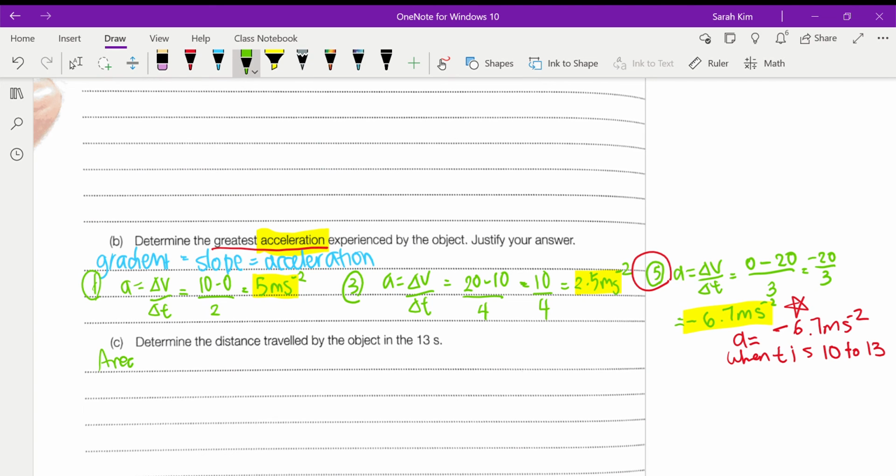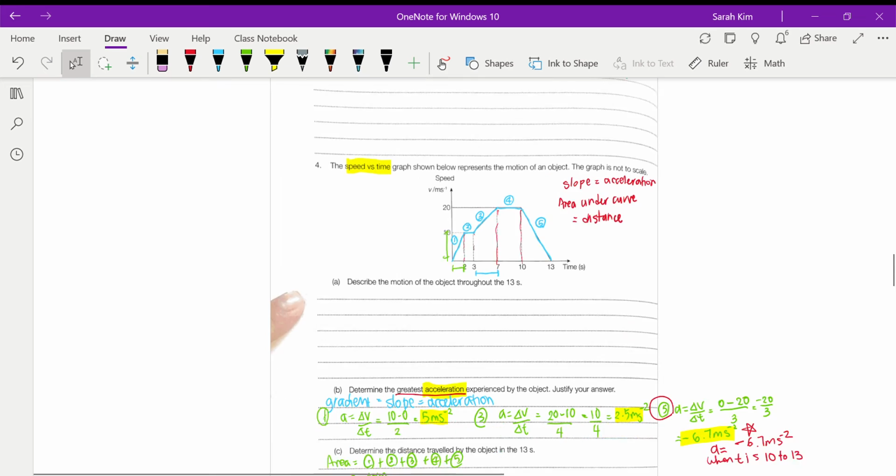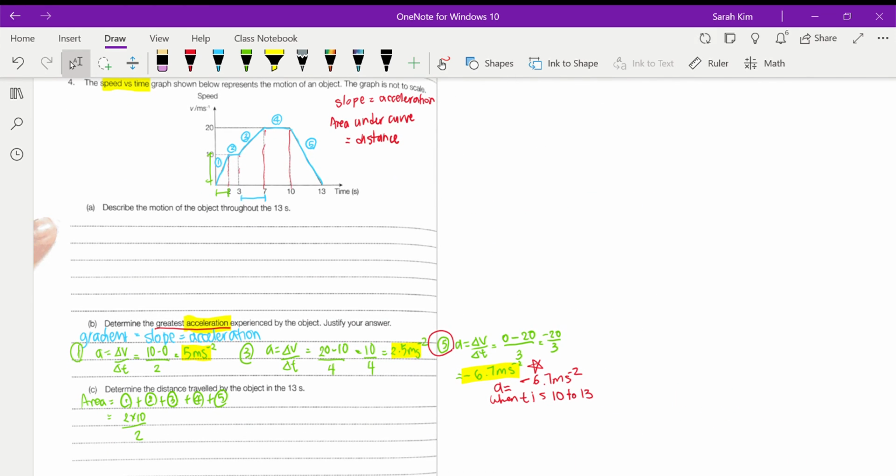So area is section 1 plus 2 plus 3 plus 4 plus 5. My area 1 was 2 times 10 divided by 2. Let me just double check that. Yep. Next section is 1 second times 10, and it's not a triangle, so I'll leave it.